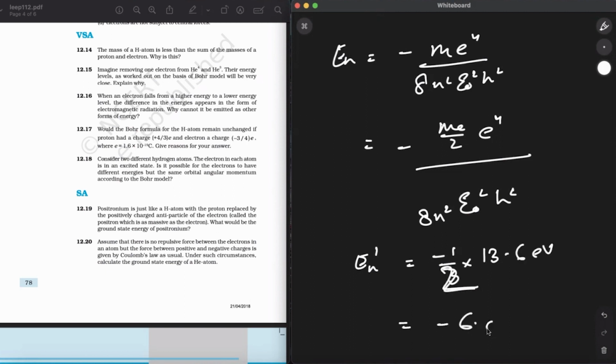En dash will be minus 6.8 electron volt. So the ground state energy of positronium will be minus 6.8 electron volts.